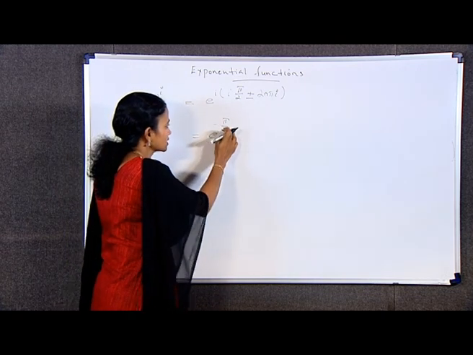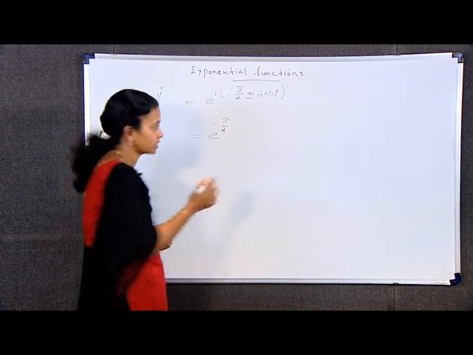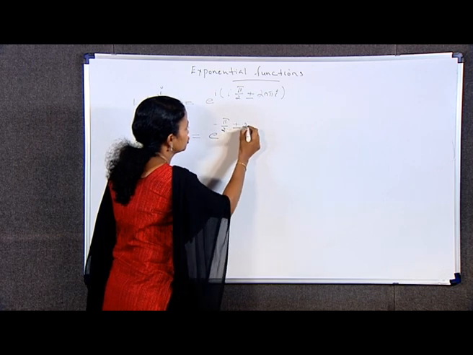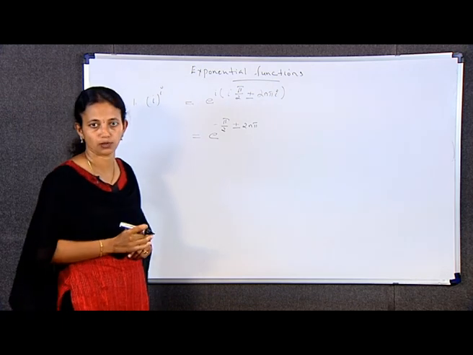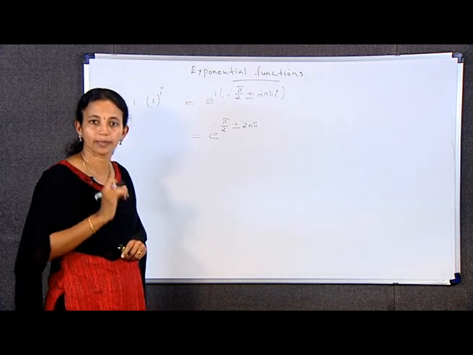So it is minus pi by 2 plus or minus 2n pi. Here also I into I is minus 1, which is equal to plus or minus 2n pi.